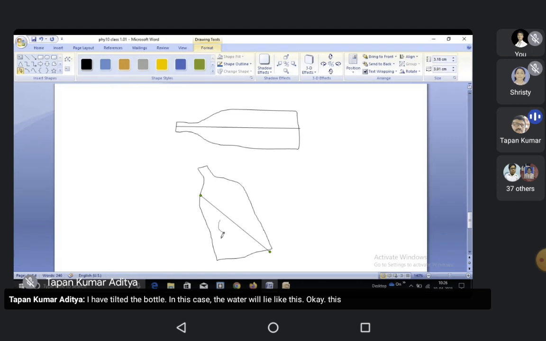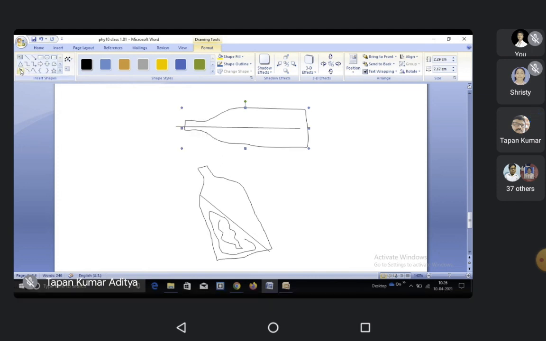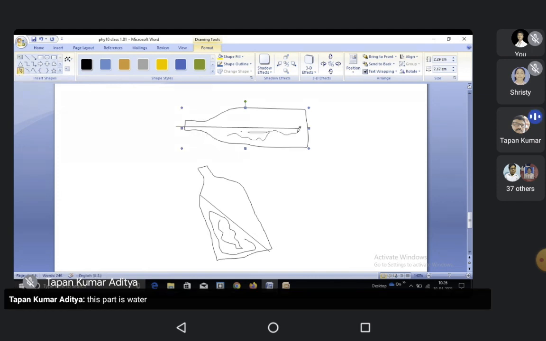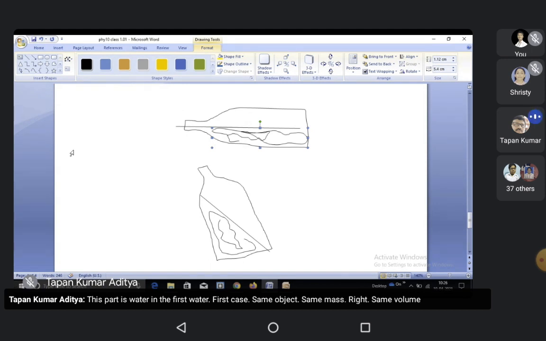This part is water, and this part is water in the first bottle, first case. Same object, same mass, right? Same volume of water.